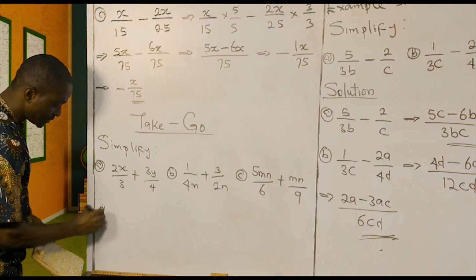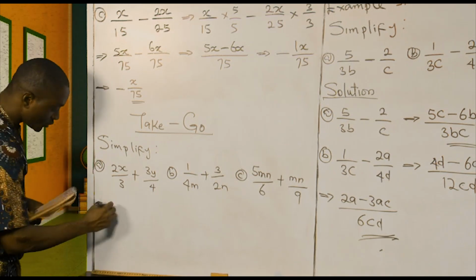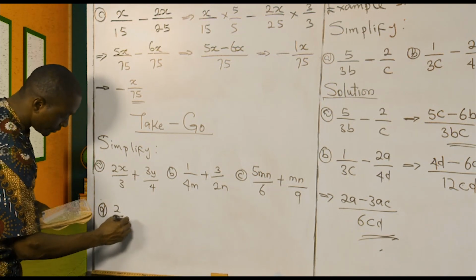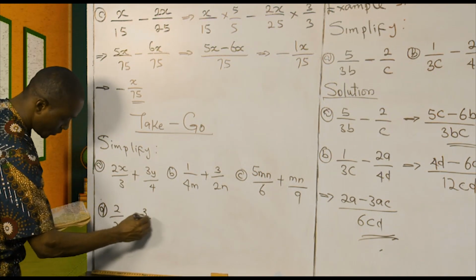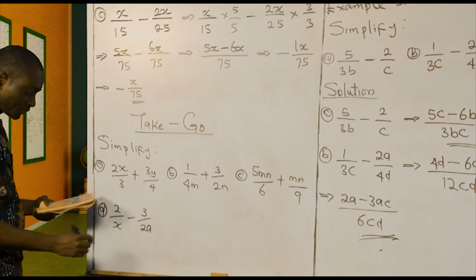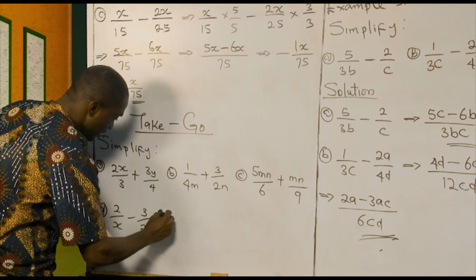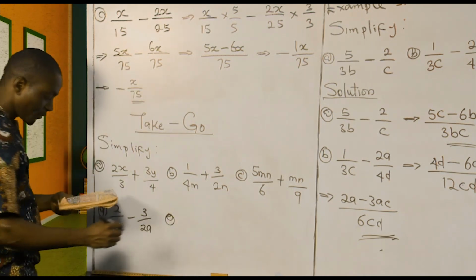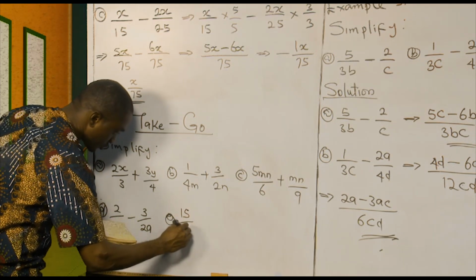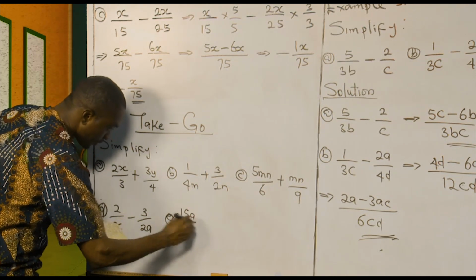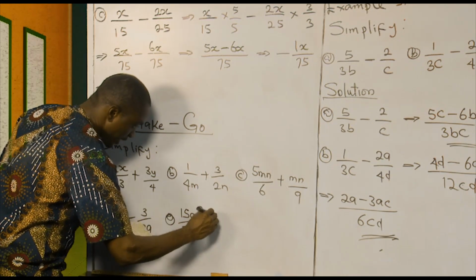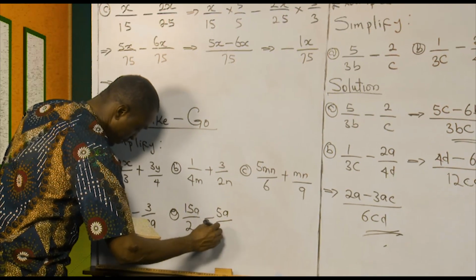D, we have 2 over x minus 3 over 2a. E, we have 15a over 2 minus 5a over 2.